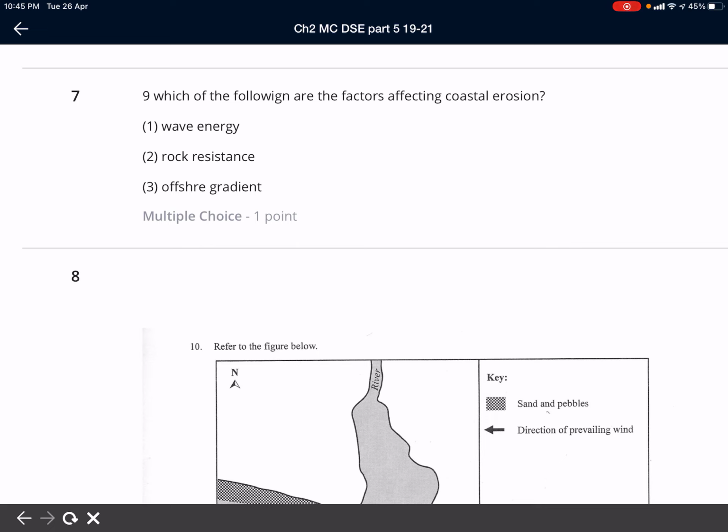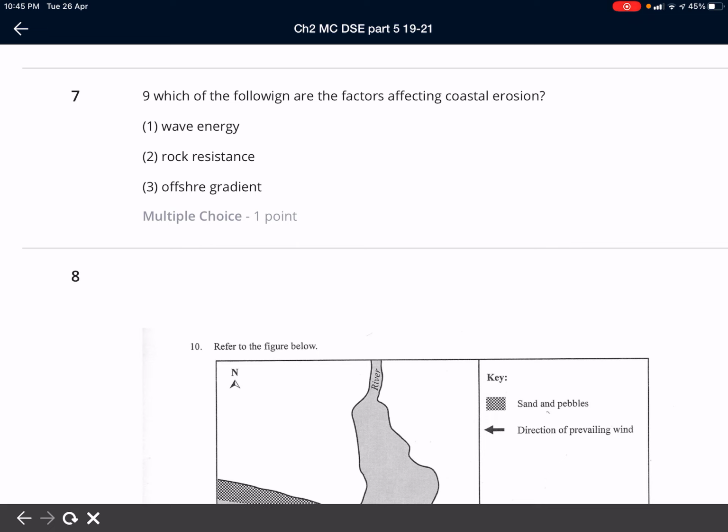And how about number 2? The rock resistance also affects the erosion rate a lot, because if it is a more resistant rock, then the erosion will not be as strong. So number 2 is also correct. You can think about the granite or the tuff in Hong Kong.